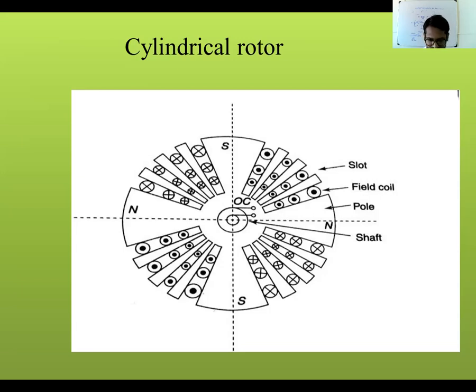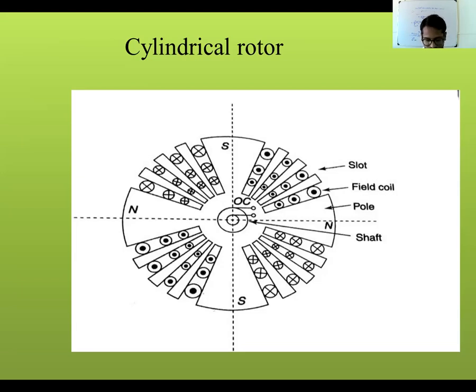Another part is the slip rings. Slip rings are used to provide DC supply to the rotor winding. Brushes are made from carbon and they slip over the slip rings. A DC supply is given to the brushes. Current flows from the brushes to the slip rings and then to the exciting winding.